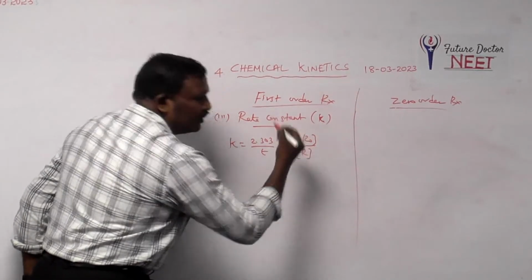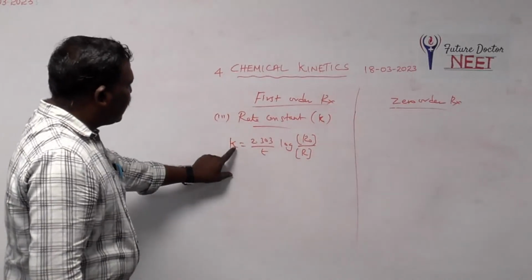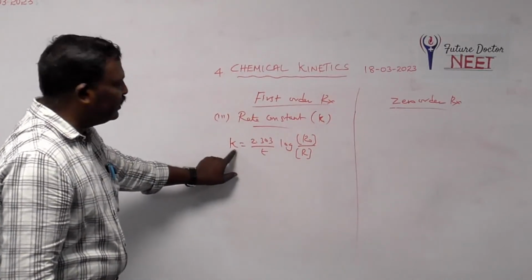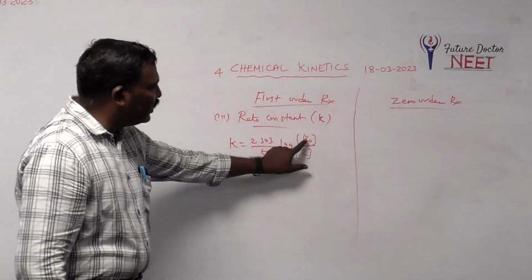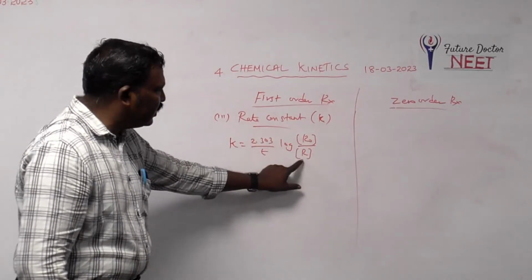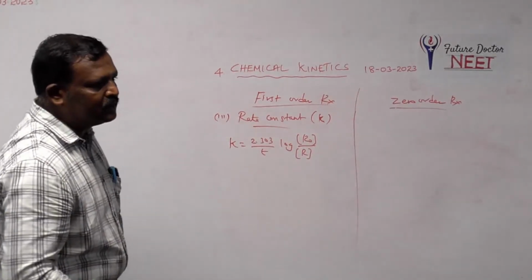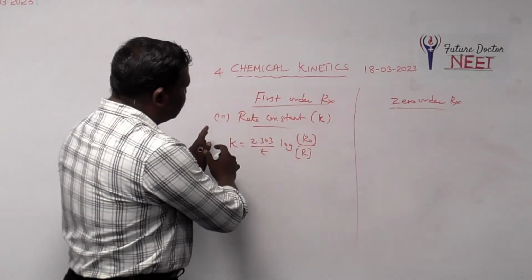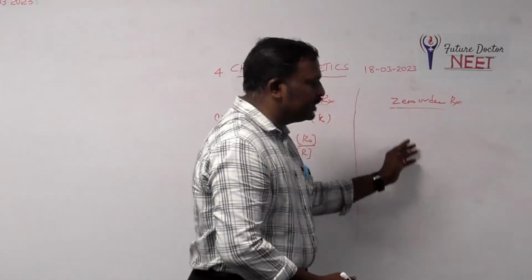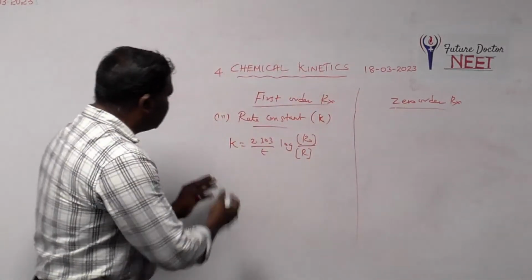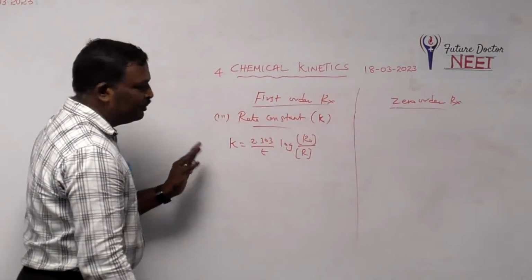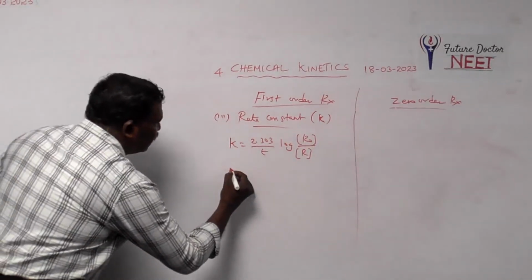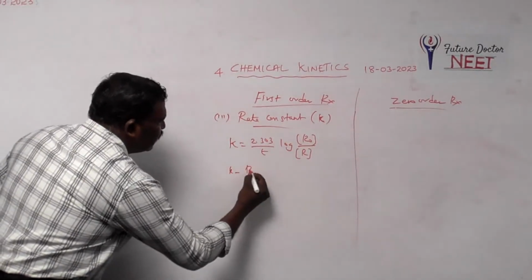Understood? K is called the rate constant. t is called time. R naught is called the initial concentration. R is called the remaining concentration. Just remember: for a first order reaction, what's the rate constant formula? For a zero order reaction, what's the rate constant formula? What's the half-life period? Just remember, it's enough.